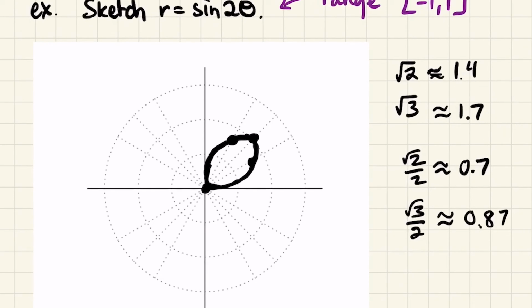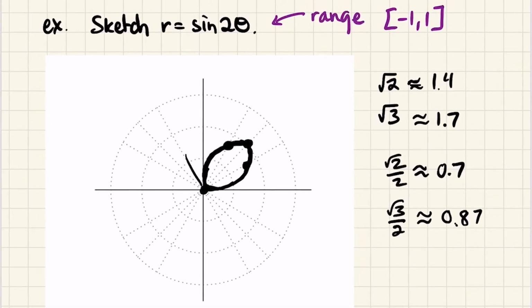Okay, so where did we leave off? Well, we just had plugged in pi over 2, so our next thing to plug in is 2 pi over 3, which doubles to 4 pi over 3. And sine of 4 pi over 3 is negative rad 3 over 2. So while we're pointed in this direction, we're going to actually draw a point over here in the negative of that. Now we consider 3 pi over 4, which doubles to 3 pi over 2, and sine of 3 pi over 2 is negative 1.